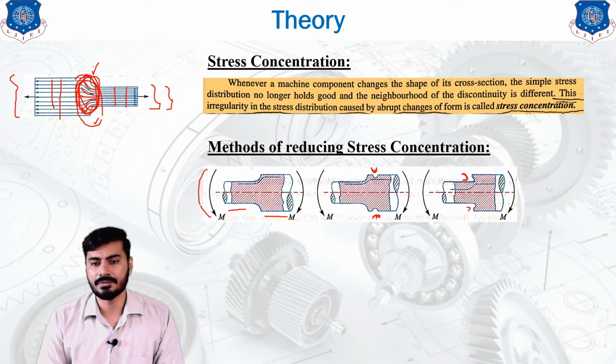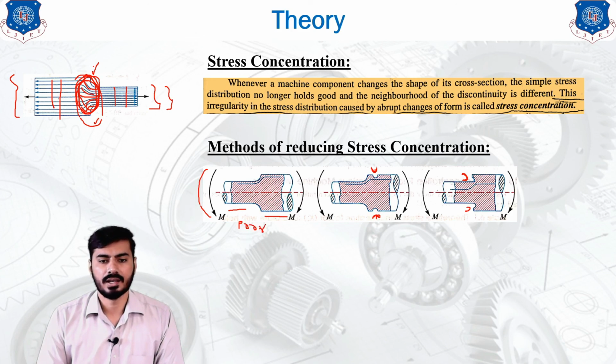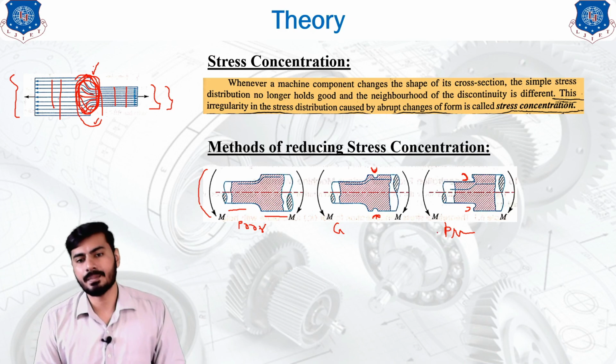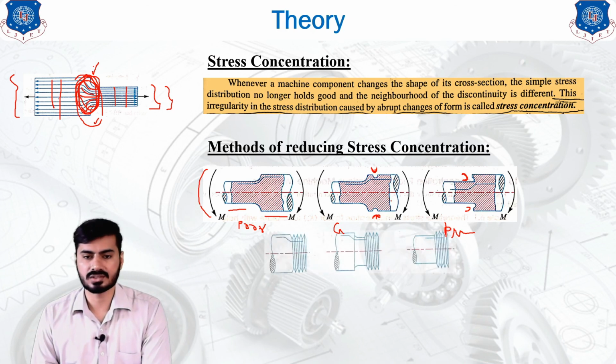So these are the different methods. This one is the poor method, and we do not prefer it, but this one is good, and this one is the preferred one. We should prefer this method. These are the different methods of reducing stress concentration.